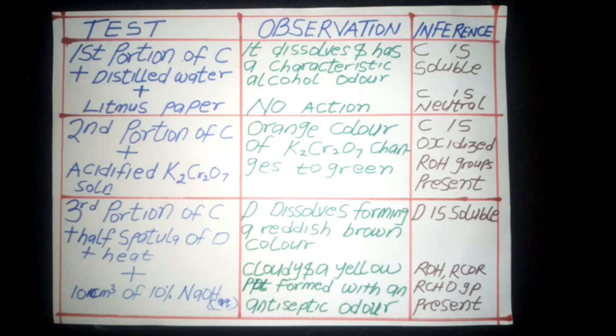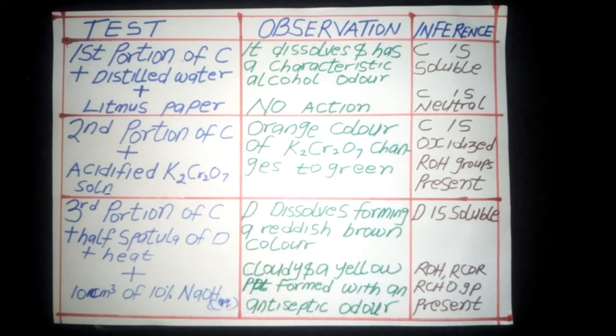So when you put iodine into C, the alcohol, the alkanol, it's expected that it dissolves, and you might be asked to also heat a little bit to aid the dissolution. D dissolves, forming a reddish brown color, depending on what you see. So on the inference here, I'm saying D is soluble. That means the iodine is soluble in the alcohol.